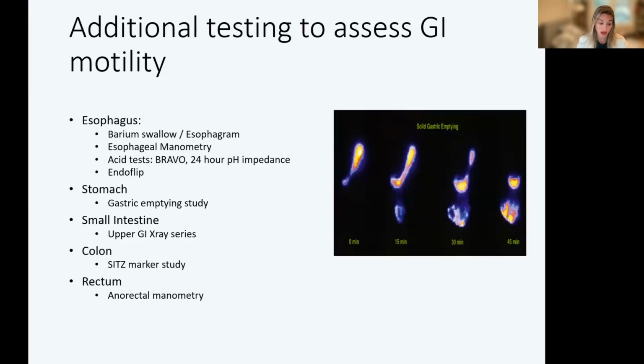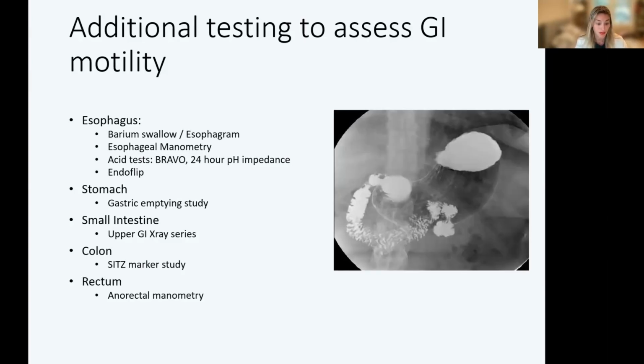Thinking about stomach involvement and talking about motility issues of the stomach, we're talking about things like a 4-hour solid food gastric emptying study done in nuclear medicine to test for gastroparesis. Small intestine motility can be performed with things like an upper GI X-ray series with small bowel follow-through.